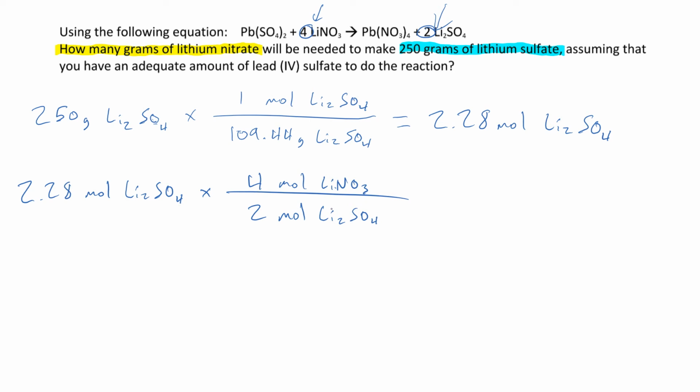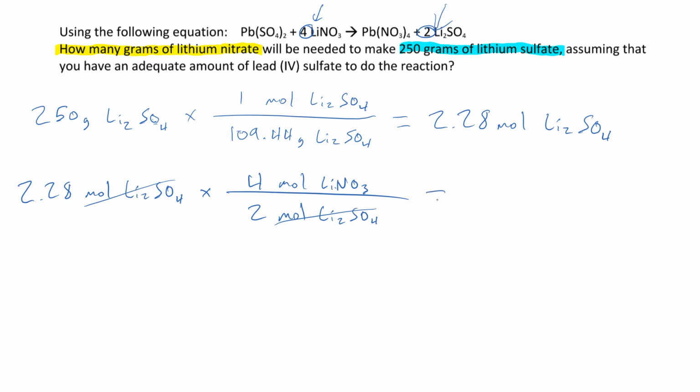And you might have been wondering, why did I put these units in the bottom? Well, why didn't I flip the 2 and the 4? Well, the reason is because I want to make sure that whatever units I have in the bottom are going to cancel out with the units of the thing that I was starting with. We're trying to get rid of those old units and end up hopefully with moles of lithium nitrate.